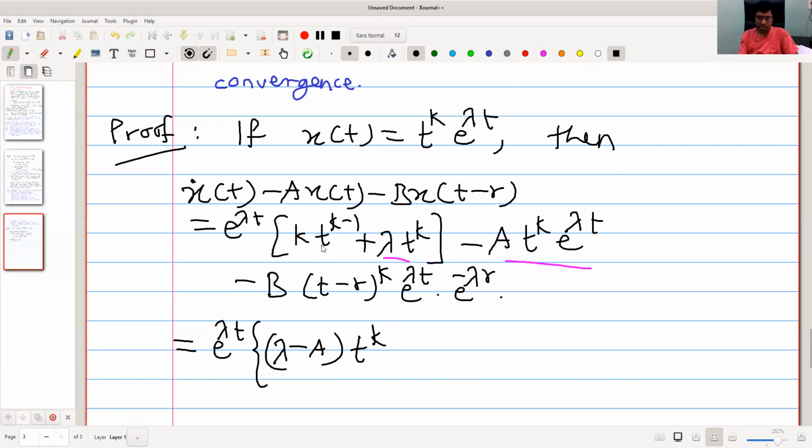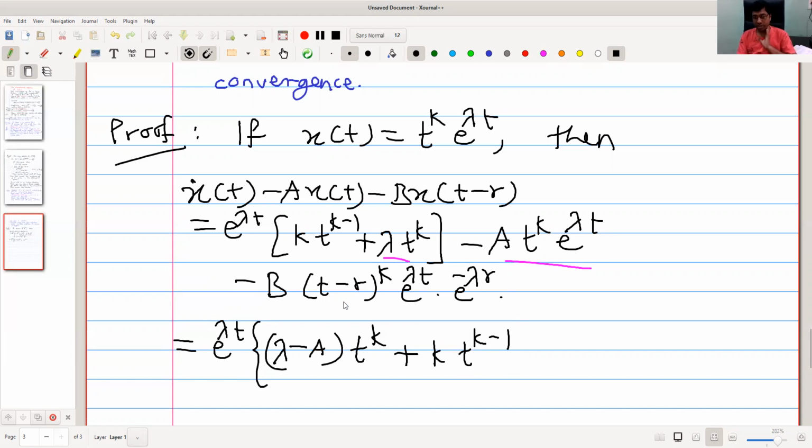Then there is a term containing t raised to k minus 1, so plus k t raised to k minus 1. And this is there, so minus b e raised to minus lambda r multiplied by t minus r raised to k.